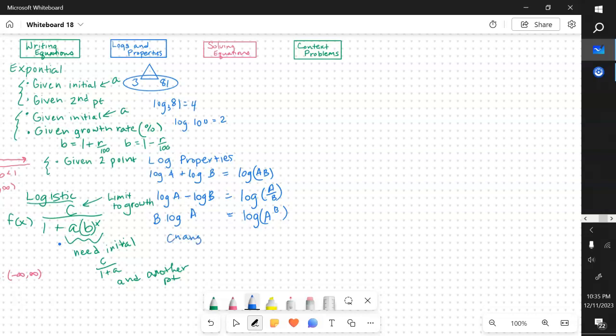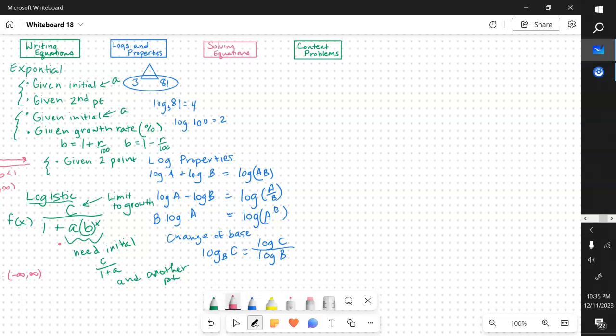If I need to change the base, I can change it to log base 10 or natural log very easily. So if I have log base b of c, I take the thing that's in the basement and put that on the bottom, and then I take the thing that's up top and put that up top. And I can do that with natural logs as well.